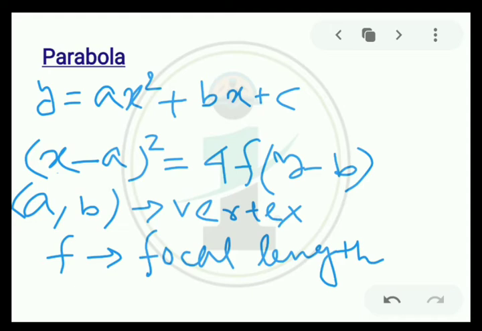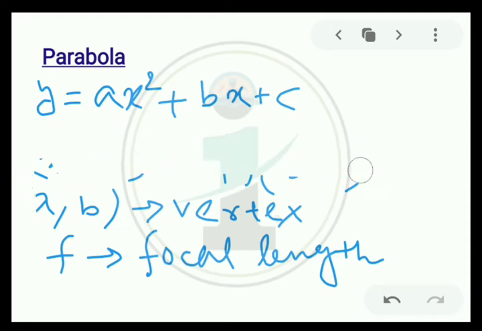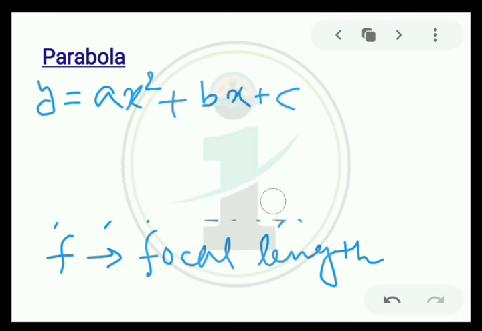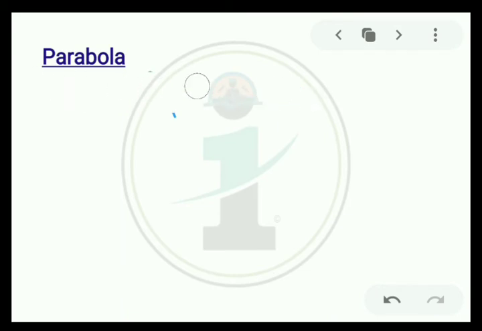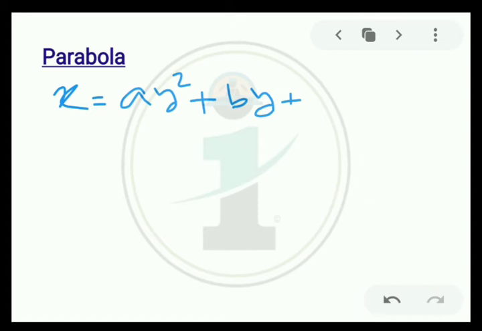So move to the next expression. Now, if x equals ay square plus by plus c, then we can convert this expression in this form.